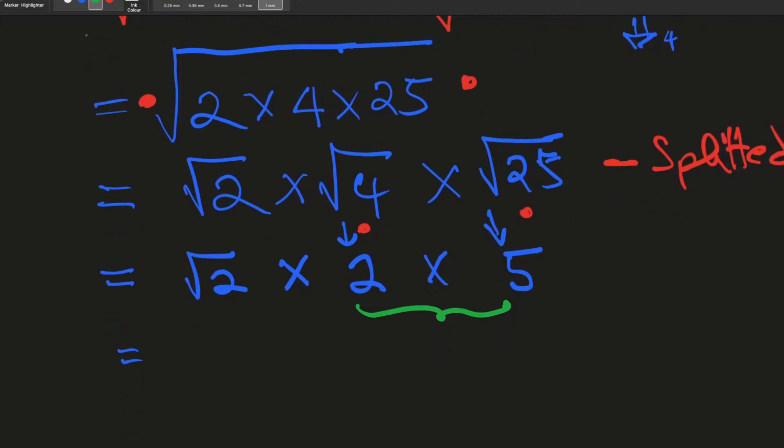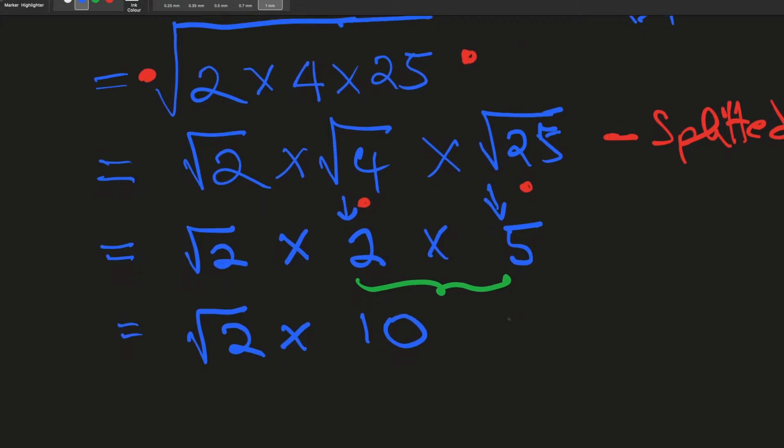So this will be root 2 multiplying by 10, and our answer is 10 root 2. So this is a simplified form.